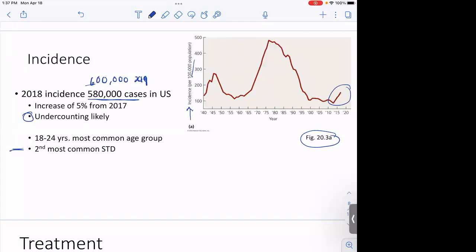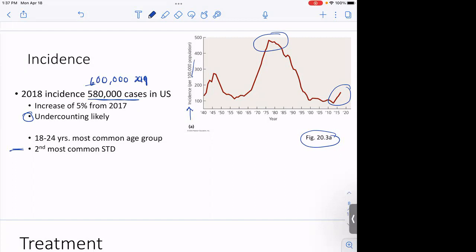Not as many as what we probably had in the early 80s, before the AIDS pandemic. With that, people were afraid of getting AIDS, so they had safer sex or fewer sexual partners, and we saw the incidence coming down. It's going in the other direction again.